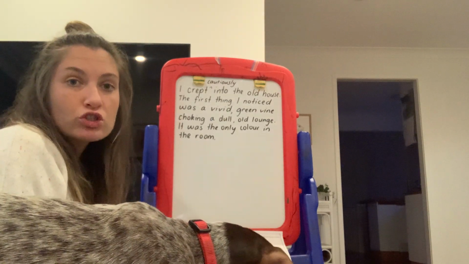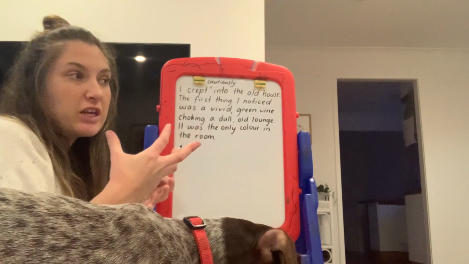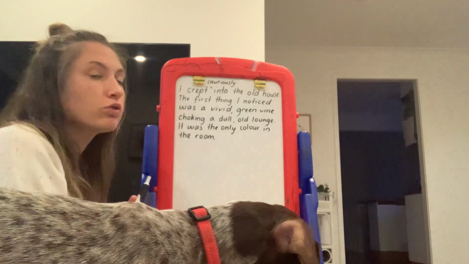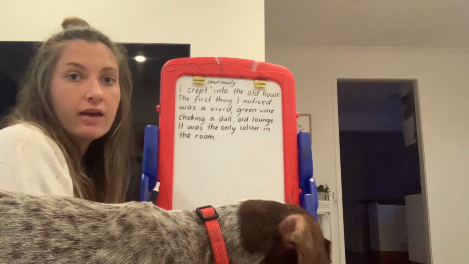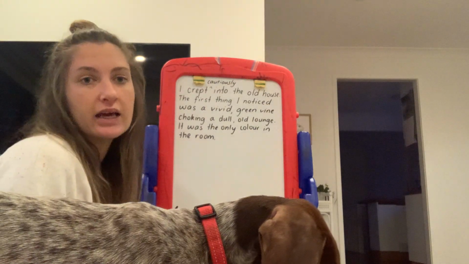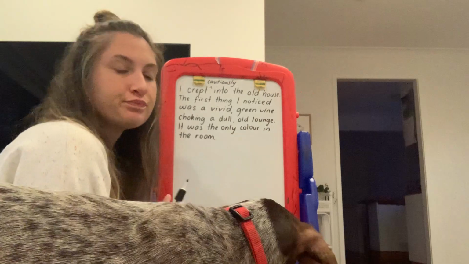I've made it more descriptive. Right now the reader can picture this dark, dull room with the only colour in the whole room being this green vine. And that green vine is choking, it's wrapped itself around a lounge, an old, dull lounge.